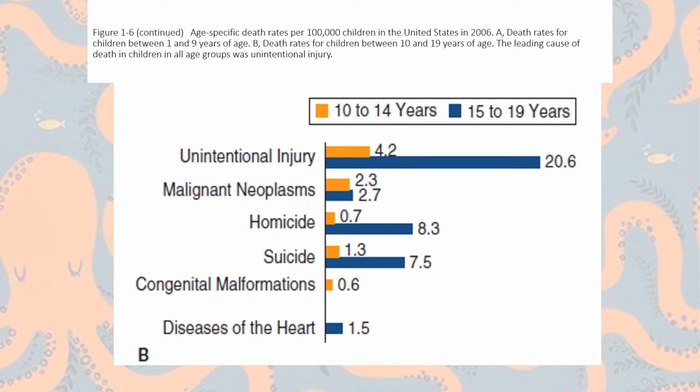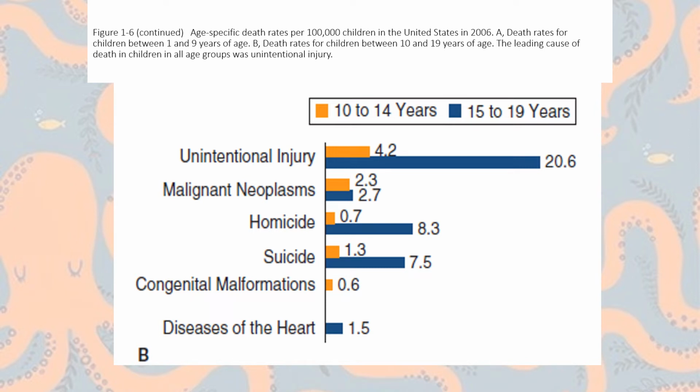Now, when you're going to higher age groups, look at this. With the age 10 to 14 years old, unintentional injury, so accidents, 4% among this age group, but then it spikes to 20% in the age 15 to 19-year-olds.